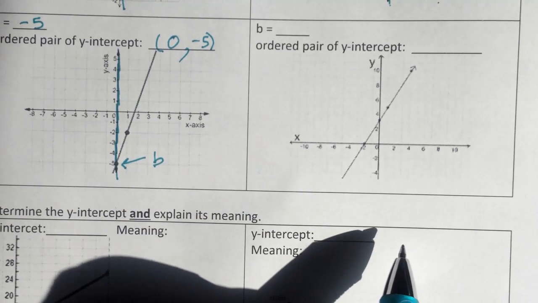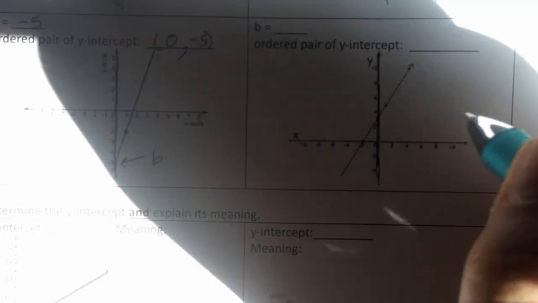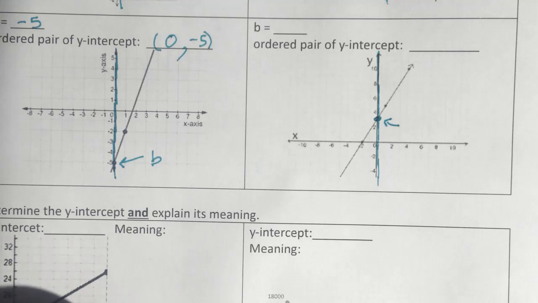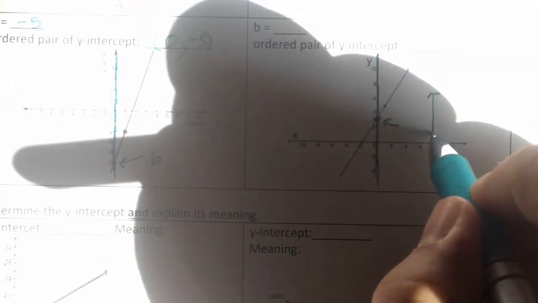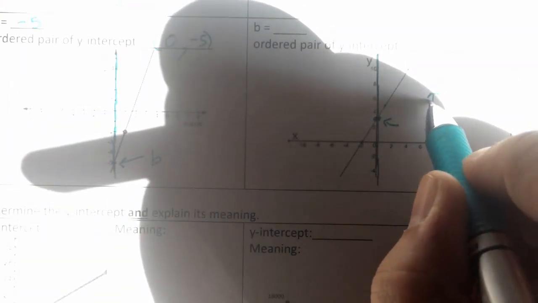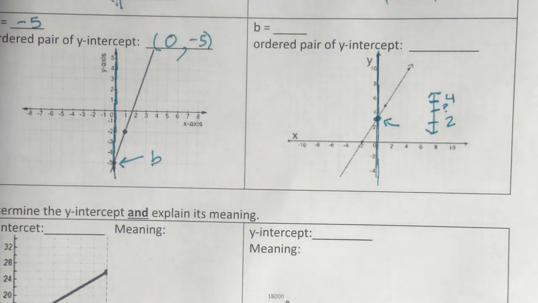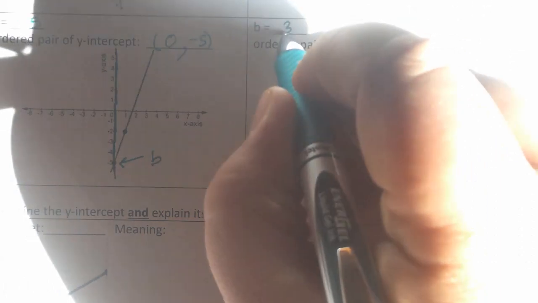Now we've got another last one where we just have to find the y-intercept. So I've traced the y-axis, and the y-intercept appears to happen right here between 2 and 4. So I'm thinking on a number line, if 2 is here and 4 is here, what number is between that? Between 2 and 4 is 3.